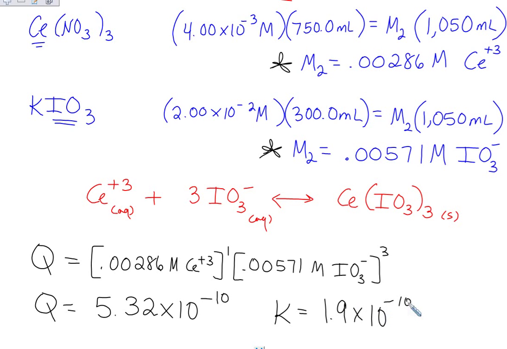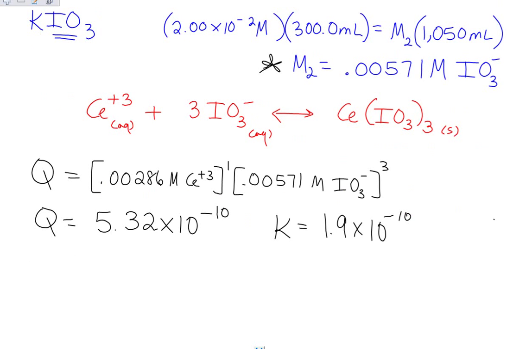I didn't even realize that. They're both tiny. But Q is larger than K. Let's see if we can get a little more room down here. There we go. Q is larger than K, which means that those ion concentrations are too large.